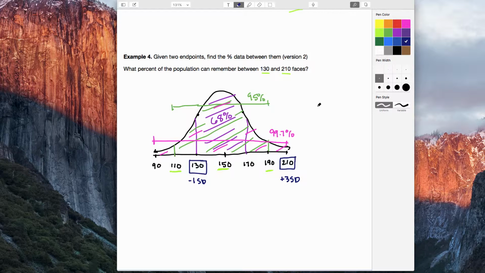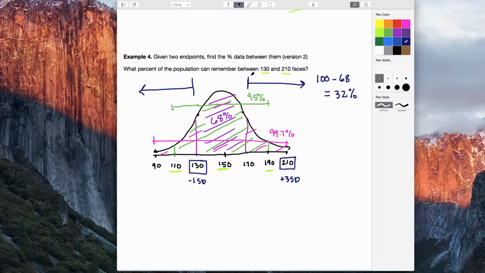So what we're going to do is a little bit of subtraction. I'm going to start with this 130. This blue area that I am showing here on the left is everything below that 68%, and I'm going to do one on the other side, above 68%. If I have all of my data, that's 100%. If I subtract out the middle 68, that leaves me with 32% unaccounted for.